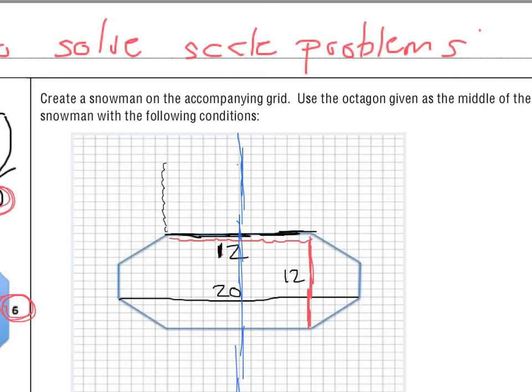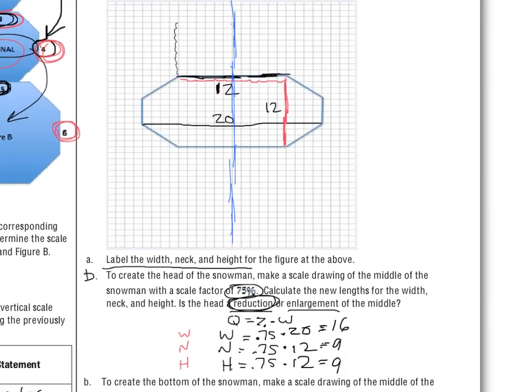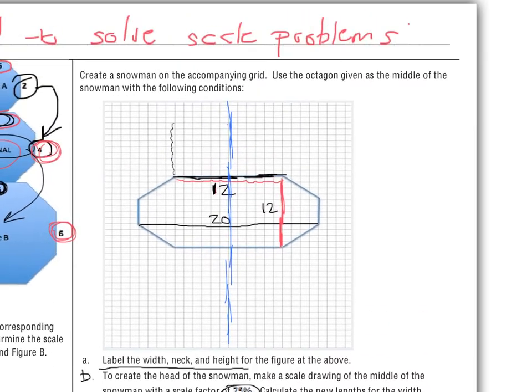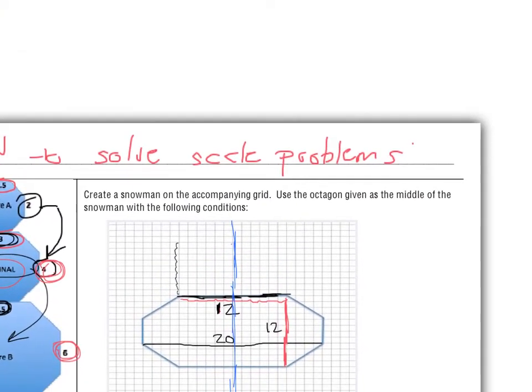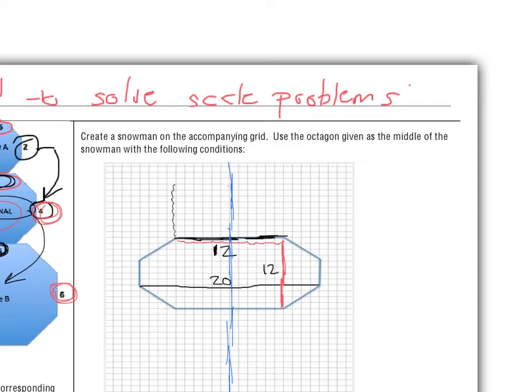And then if I have this equally, and it says my neck is going to be 9, that means at my neck this needs to be 4.5 on each side. So that's a little bit more than 4.